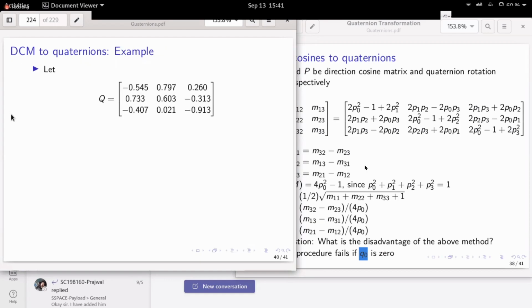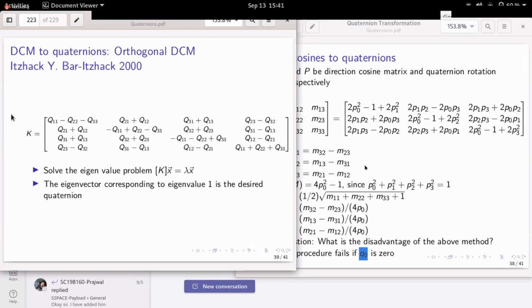For example, Q is a DCM matrix, right? Given Q11, Q12, Q33, they are all components of the DCM matrix. You combine the components of the DCM matrix for each component of the 4 cross 4 matrix given here, K. And for this complicated K matrix, you compute the eigenvector corresponding to eigenvalue 1.